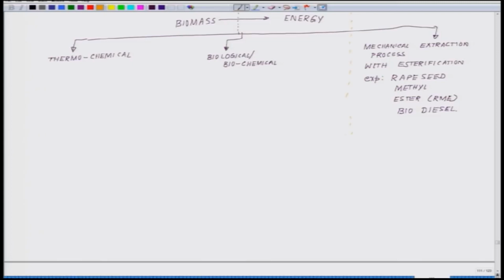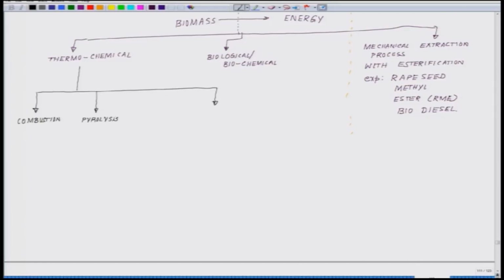Now, the thermochemical category could be classified into 4 different groups, which starts with the most simplistic of all, called combustion. Second one is pyrolysis. Pyrolysis is a technique of combustion in the absence of air.